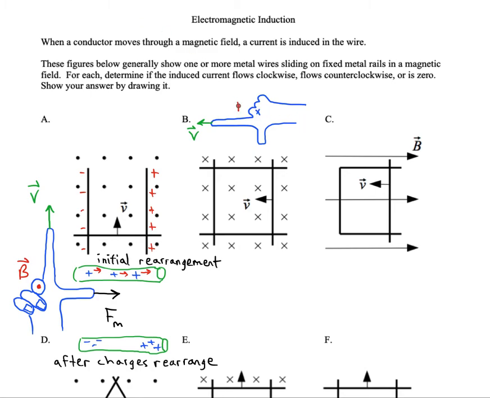The magnetic field is into the page. And the thumb points down. So the magnetic force on positive particles is going to be in the downward direction.